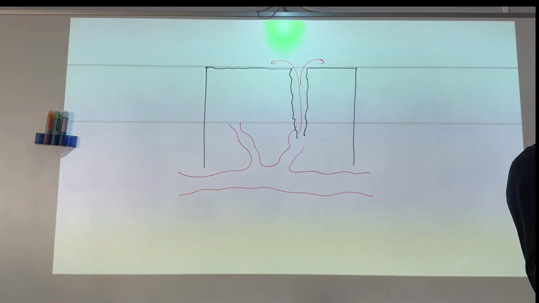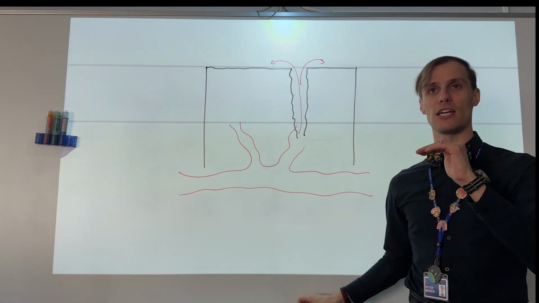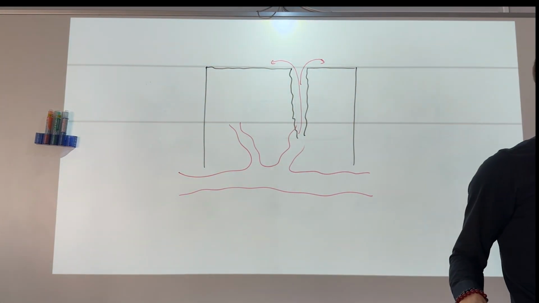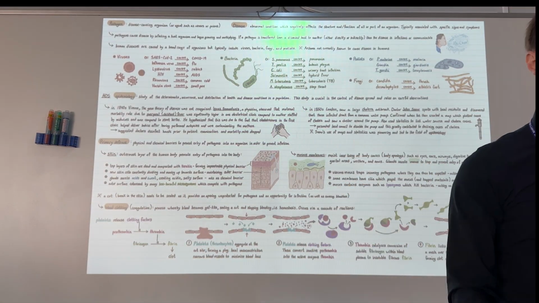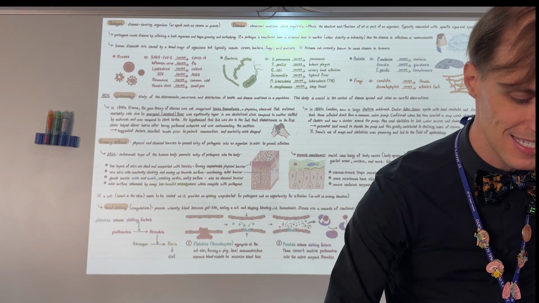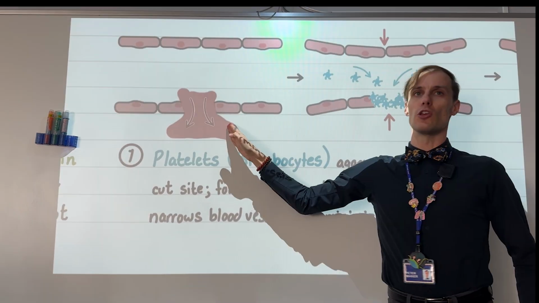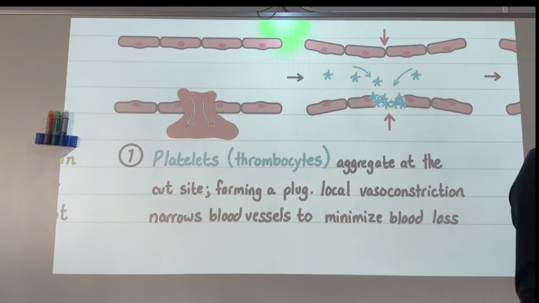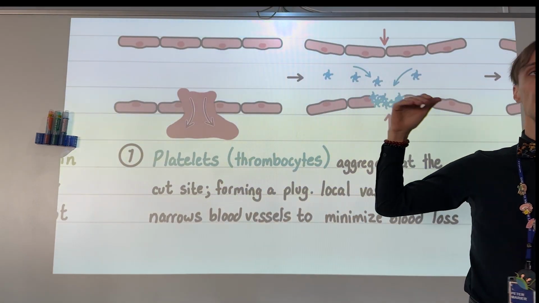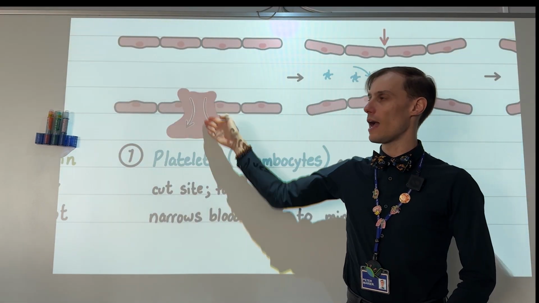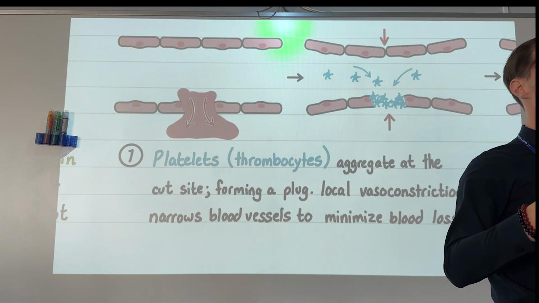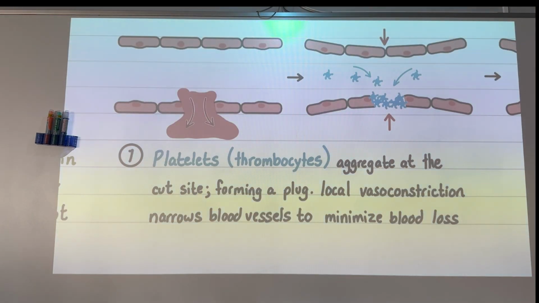What is your body going to do? And this is the next stage that we're going to look at. This is the clotting process. So let's discuss the blood clotting, sometimes referred to as a cascade. So step one, your cells have been damaged. You are now losing blood out of your blood vessels and out into, let's say, through your skin.